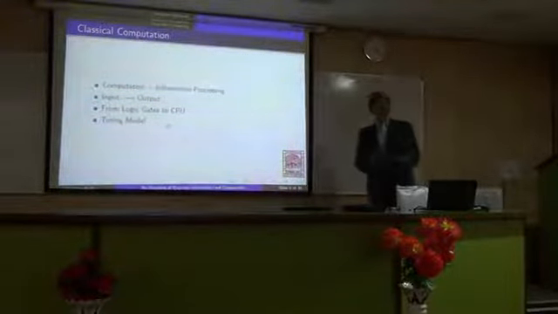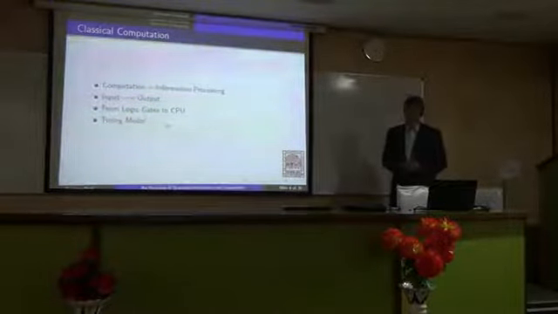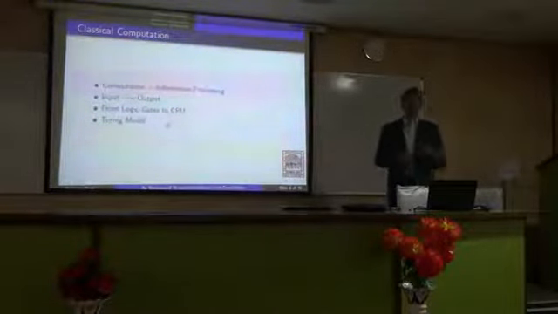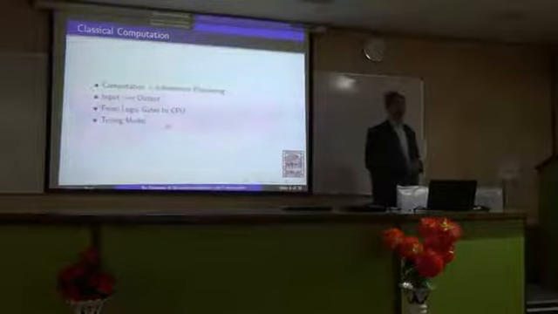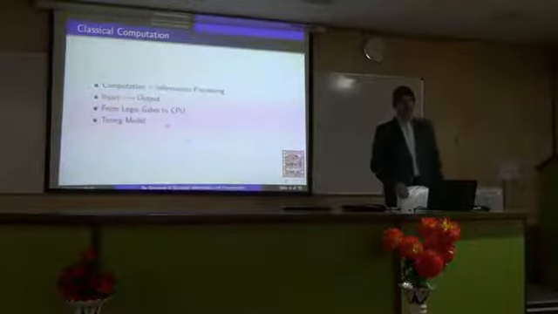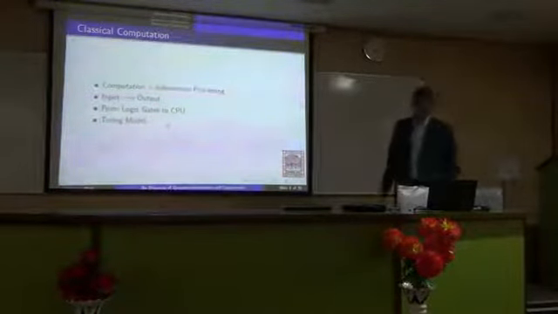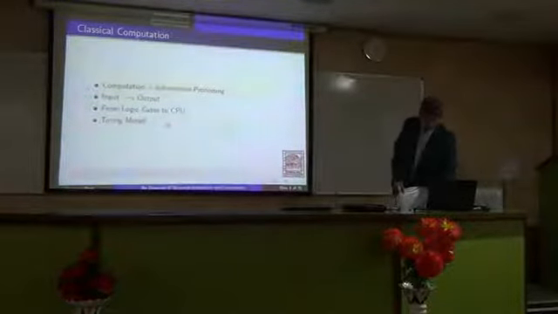When the computer produces an output and the program stops, that is modeled as the Turing machine reaching its final state with a specified output. That is pretty much standard in classical computation.